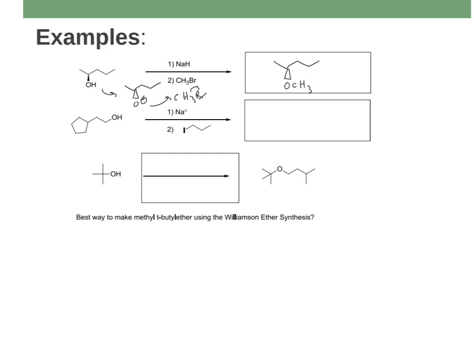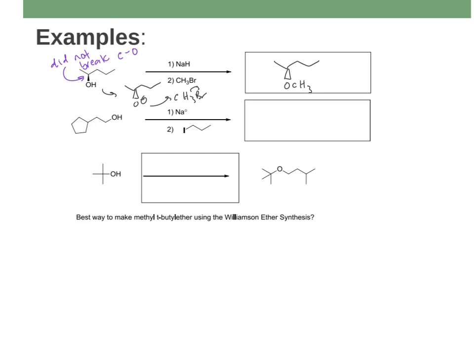That would be my major product. Notice that I didn't have any inversions of stereochemistry or anything like that. I never broke that carbon-oxygen bond, so I'll make a note of that here: did not break that CO bond, so I didn't change the stereochemistry there at any point. This would be a good point to stop and take a stab at these last 3.